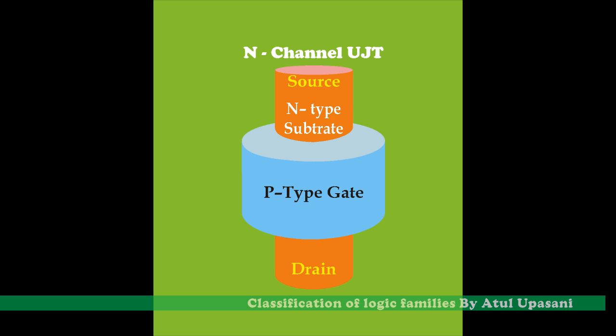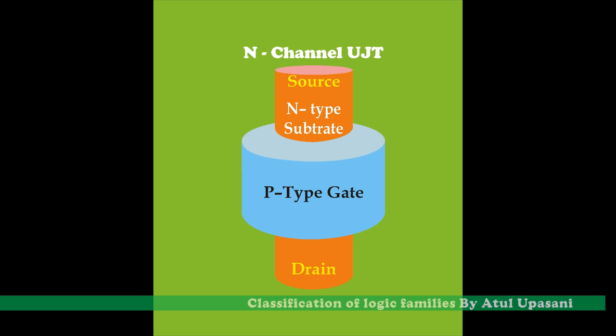So there will be a formation of a depletion layer around the neck of the N type substrate. That is why this type of MOSFET will be called N type MOSFET. So here all the current from source to drain is due to only electrons. That is why it is called N type UJT.